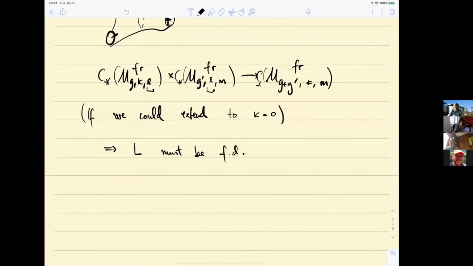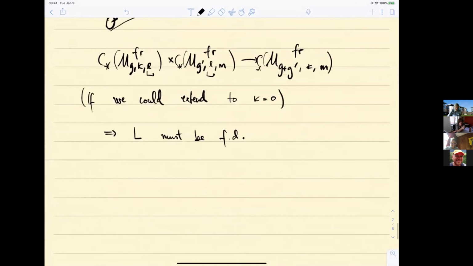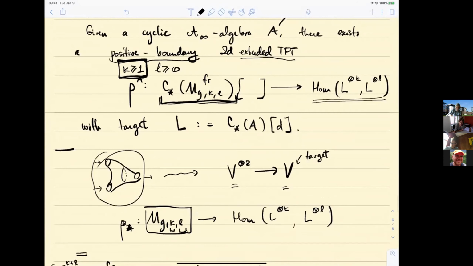This is a very standard argument in field theories, that if you somehow allow yourself this kind of operator and this kind of operator, so the tube with 2 inputs and the tube with 2 outputs, the target of your field theory must be finite dimensional. But of course, we kind of know that this must be the full Hochschild chains of an algebra, and that's very infinite dimensional no matter what you do.